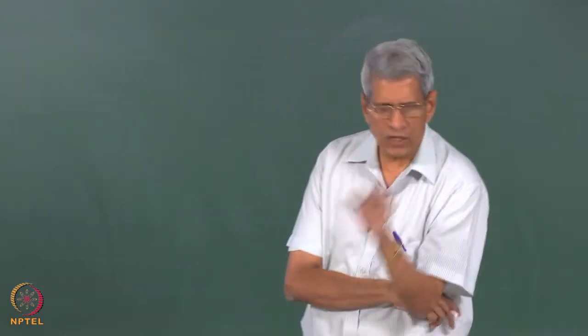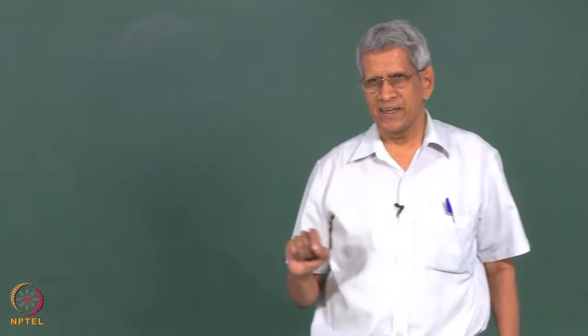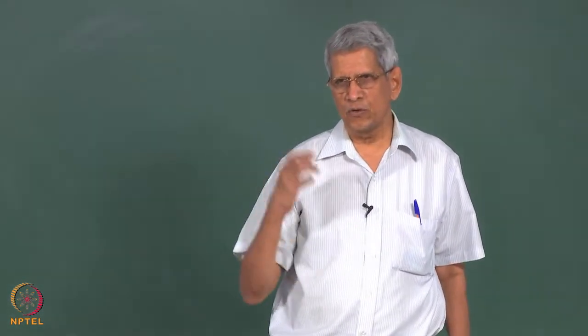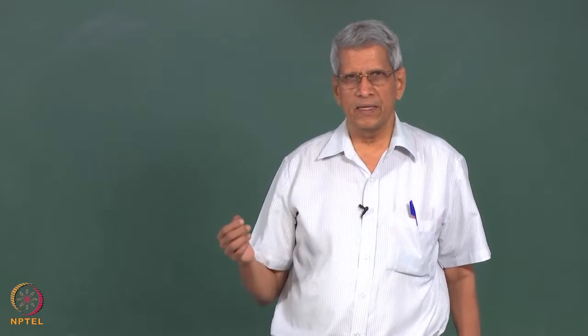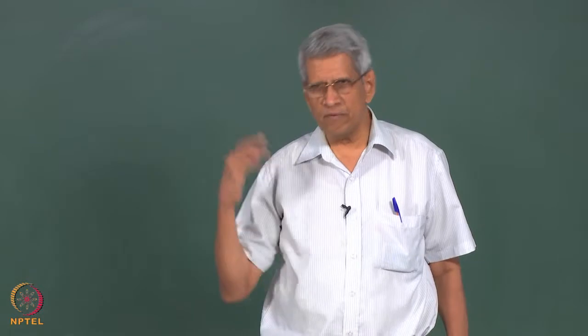This we will come to later, but I am just telling that when we try to find out the symmetries experimentally, there are some restrictions, but there is a way in which these are overcome.